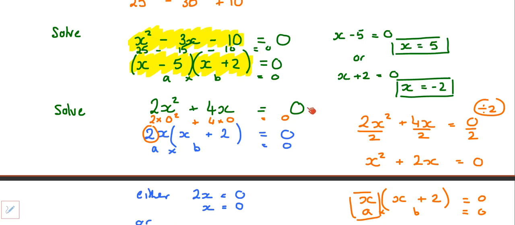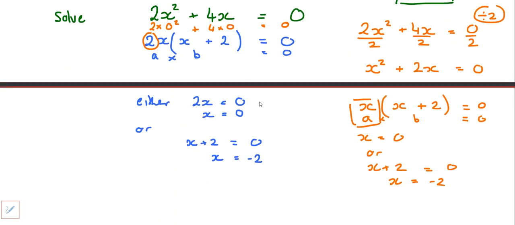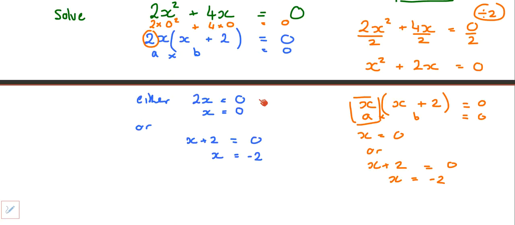If there's always going to be an x squared plus something x, and that's it, with no plus or minus number at the end, then one of the solutions is going to be x is 0. And one of the x's equals negative 2 though?